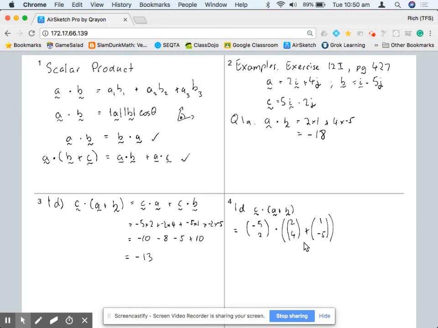So I'm just putting it into column notation, which is negative 5, 2, dot product with. Now I have the addition of 2 vectors here.